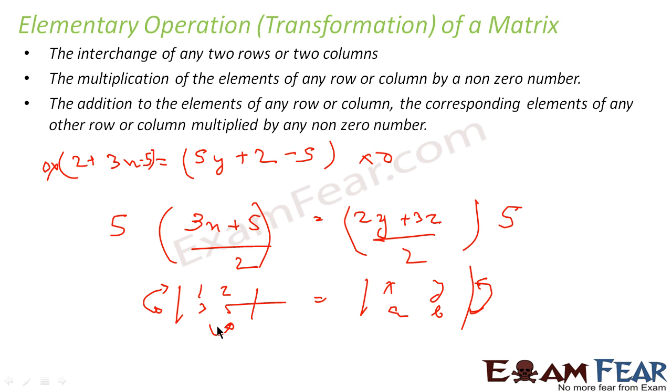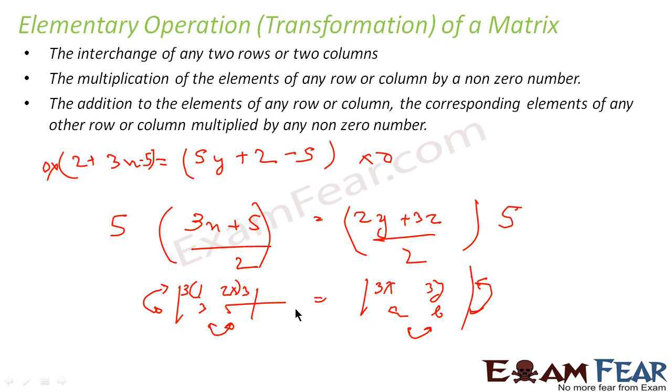If I interchange two columns here, I have to interchange the same two columns there, and still the equation will be valid. Similarly, if I multiply a row by, let's suppose, 3, this becomes 3 into 1, this becomes 2 into 3, and I can multiply the other side also by 3. Still this equation will be true.